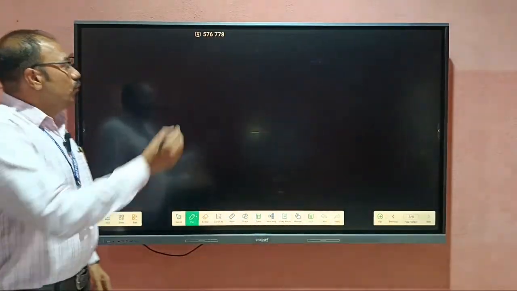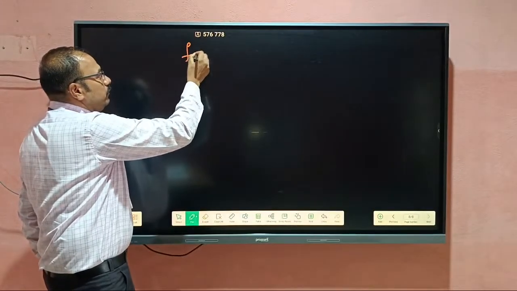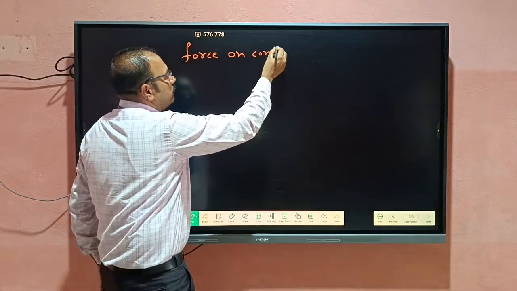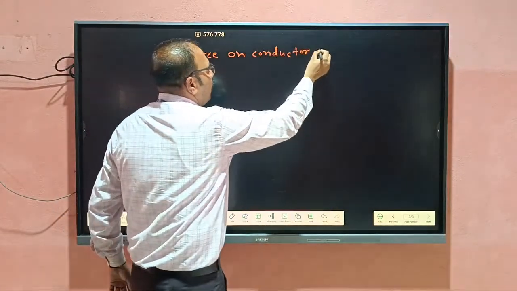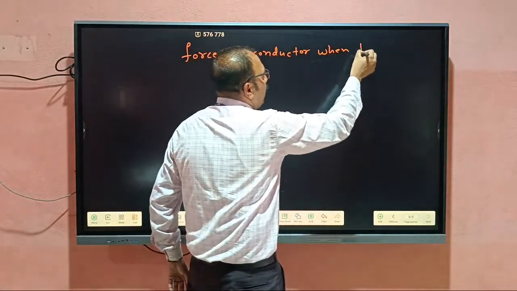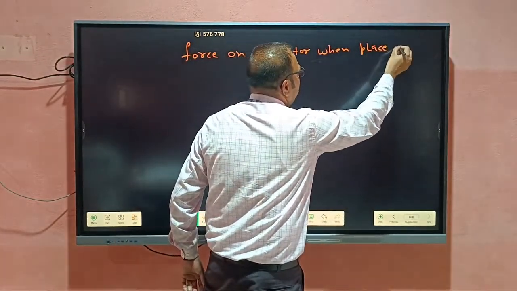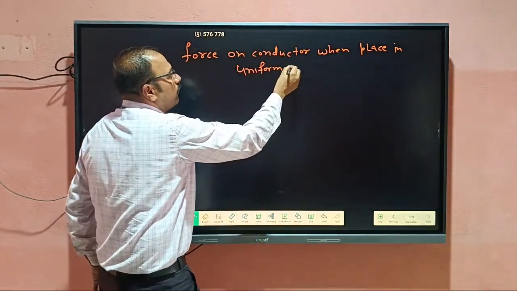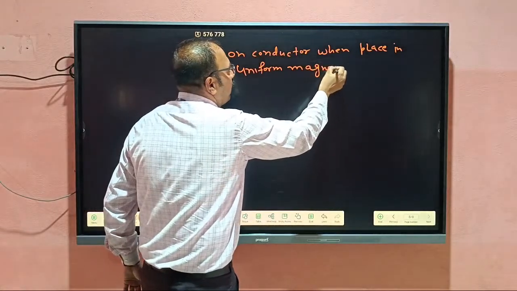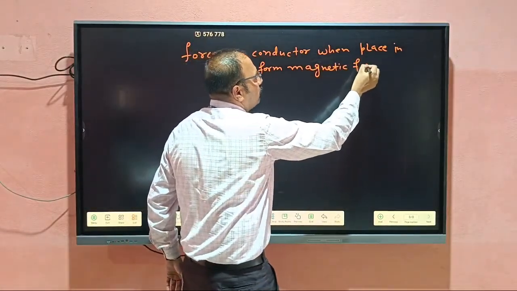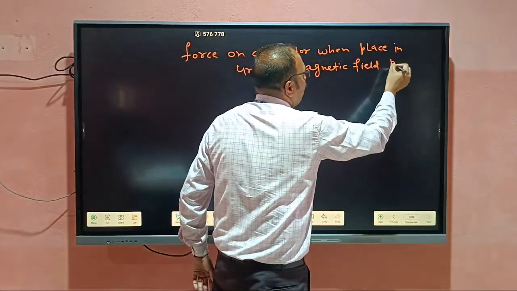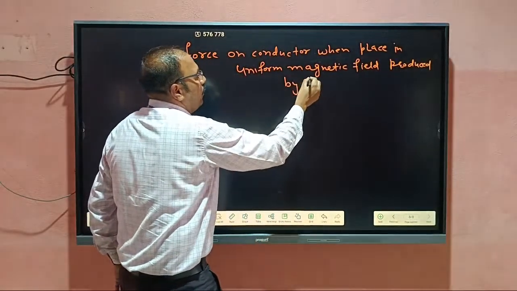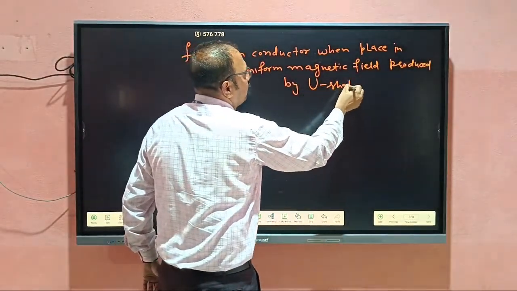So for example, force on a conductor when placed in a uniform magnetic field produced by a U-shaped magnet.